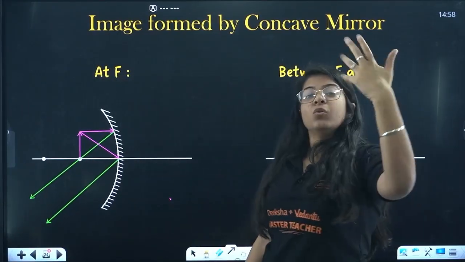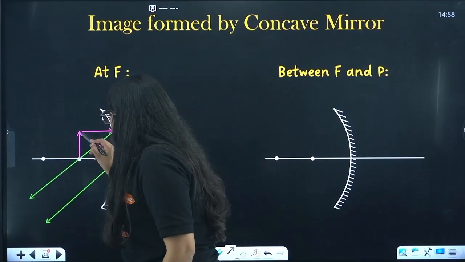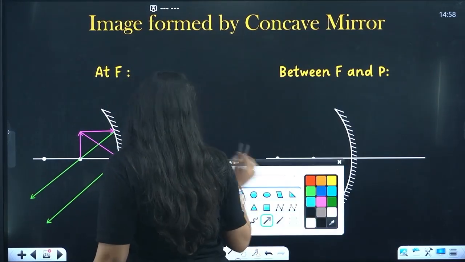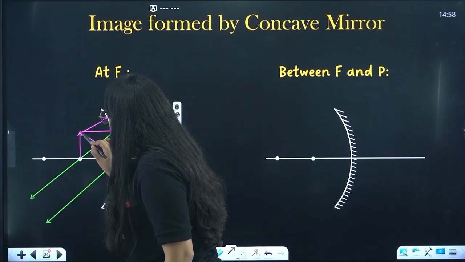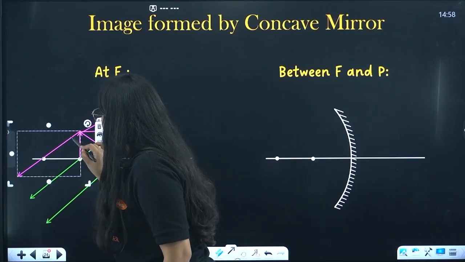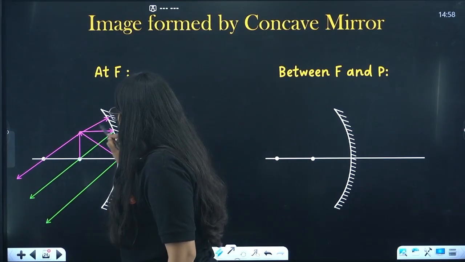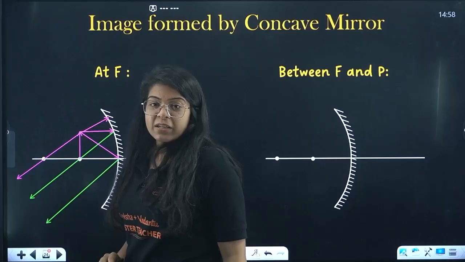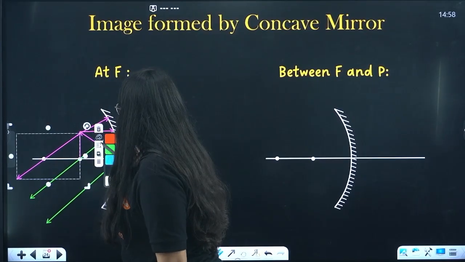One more thing you should also know, beta: this ray goes like this, reflects back, and passes through the center of curvature following the same path. You can also do that as well.